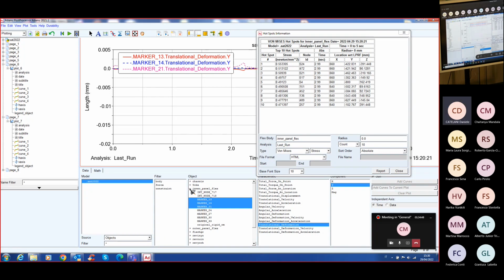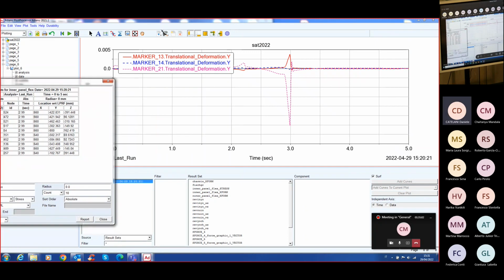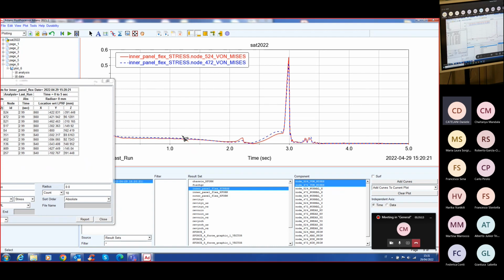Now, if you go on results, we have also the inner panel stress, not only the inner panel deformation. If you select the stress of the node, you can see the history of stress during the analysis.